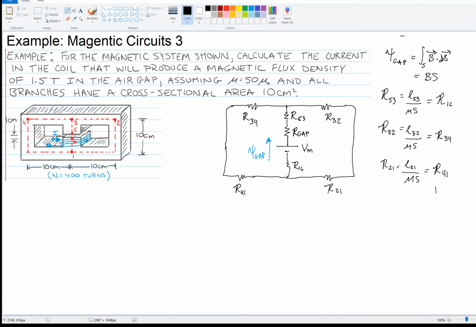And then finally, the reluctance of the gap is the length of the gap, which we have in the picture. It shows it over here, 1 centimeter, divided by mu 0 for air times S, right? So we have all of the reluctances, and we have the flux in the middle branch.